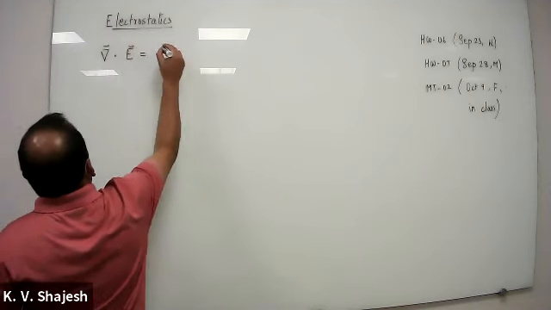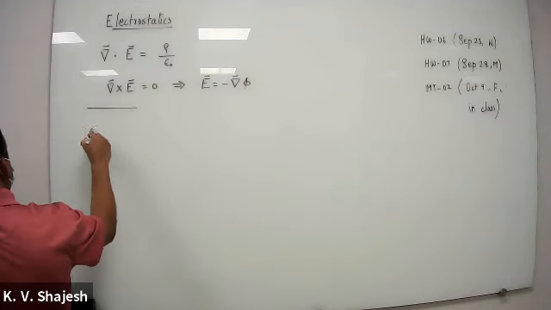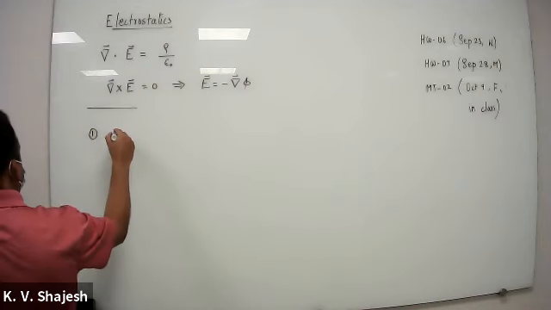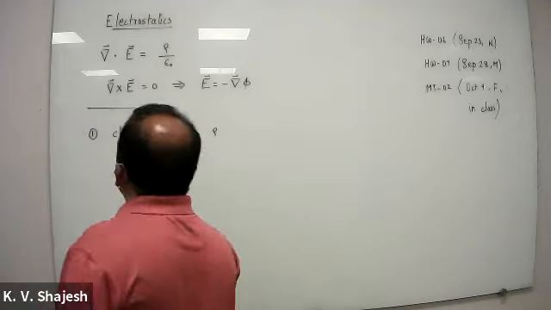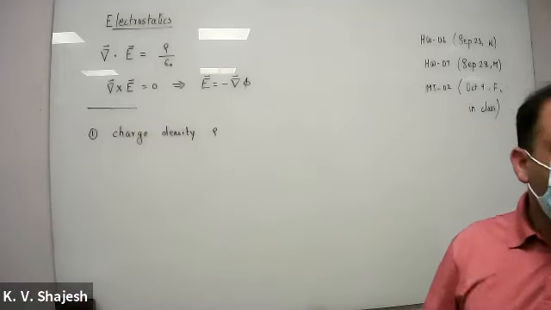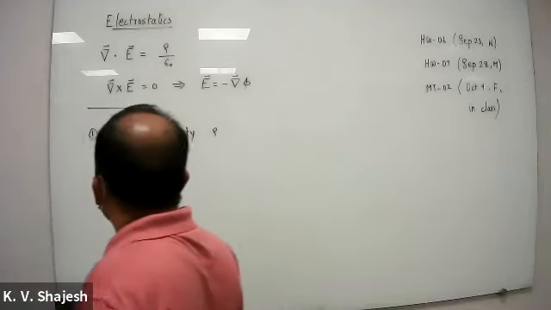We had a strategy. First, write the charge distribution or charge density, let's say rho, as an expression in terms of delta functions or step functions.